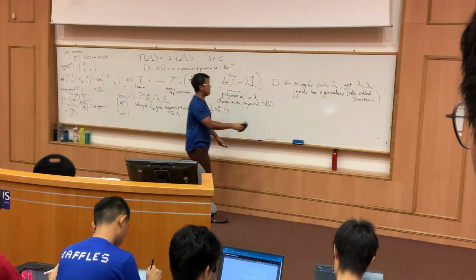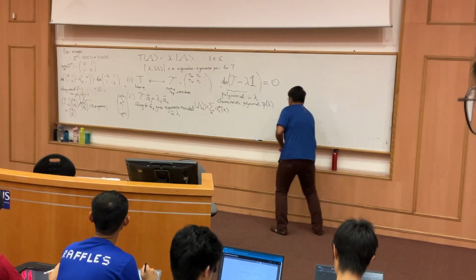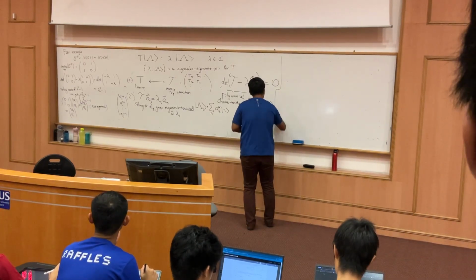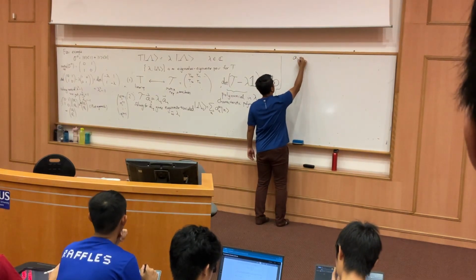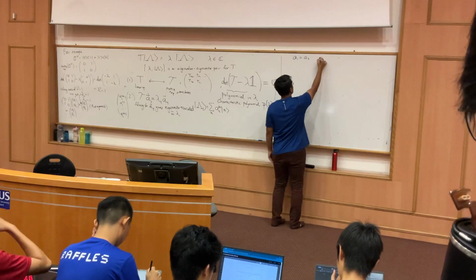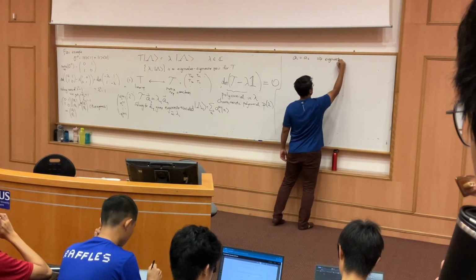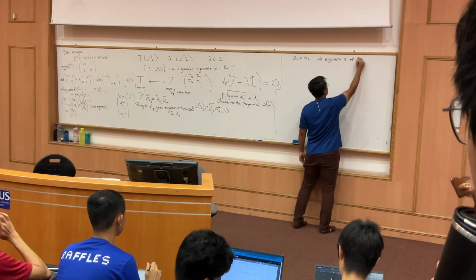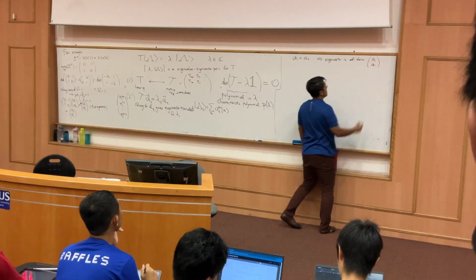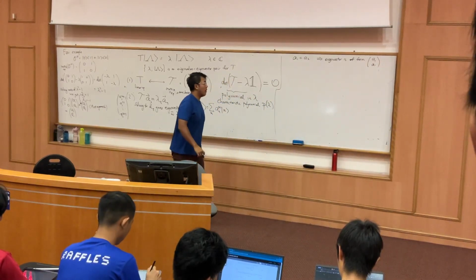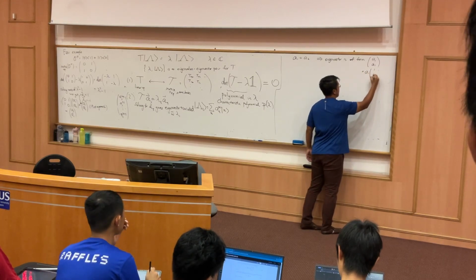So let me erase it there and continue here. We get that A1 equals A2. So the conclusion is that the eigenvector is of the form A1, A1, or you can always write it as A1 times 1, 1.